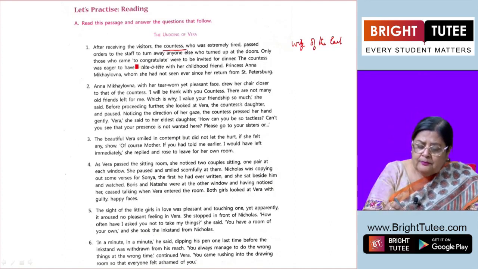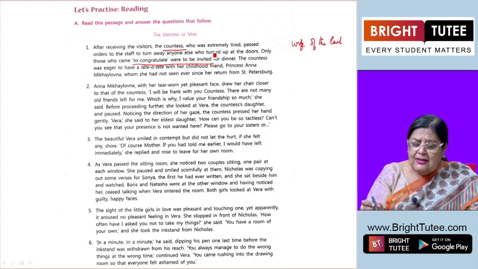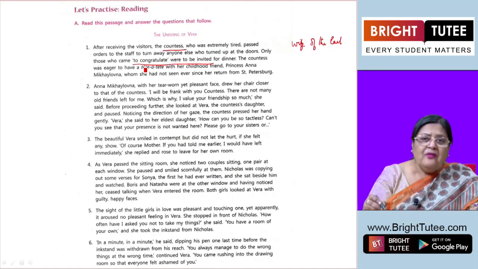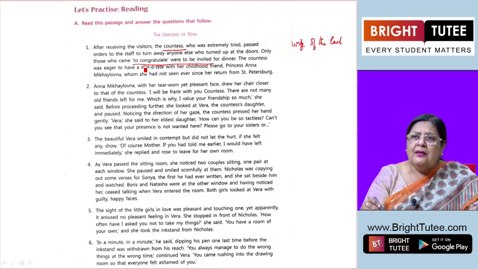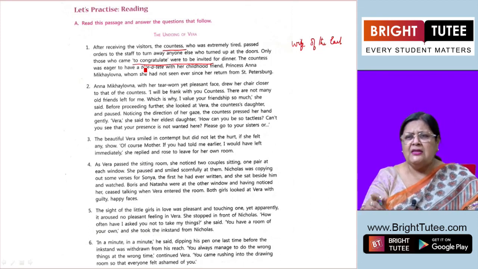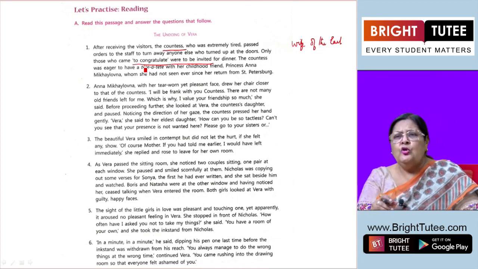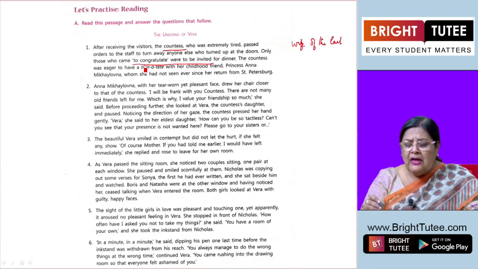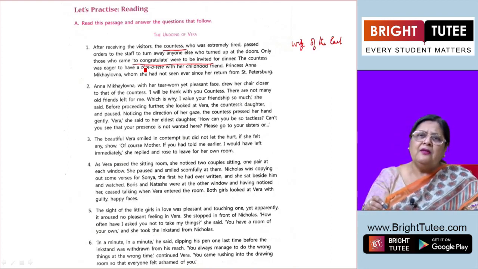Now, the story starts with the countess who is the wife of the earl. She is extremely tired and she has ordered her staff that nobody should enter her hall unless it is an emergency, or those who have come to congratulate her would be invited for the dinner.